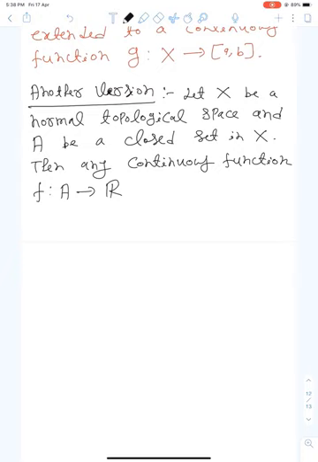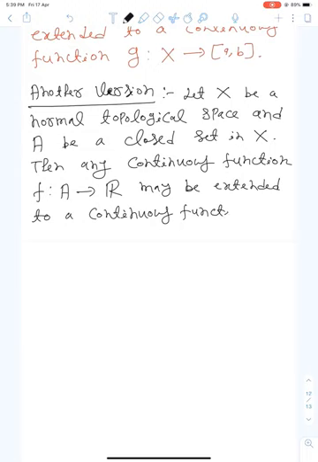So any continuous function from A to R again may be extended to a continuous function G from X to R. That means even if you choose the codomain as R, not only the closed interval [a, b] and not the [-1, 1], you can still get a continuous extension G from X to R. So the proof is a little bit tricky.